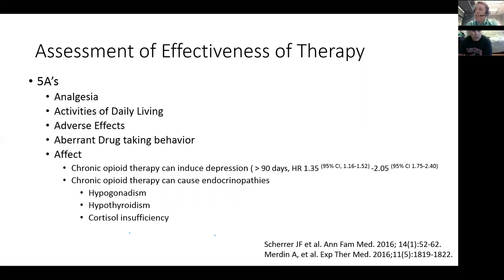So it's not an insignificant finding. And obviously the other issues that we need to be concerned about are chronic opioid therapy produces endocrinopathies that can masquerade as depression, but we need to be assessing for these other non-analgesic effects, not only hypogonadism, but the potential for hypothyroidism and cortical insufficiency.